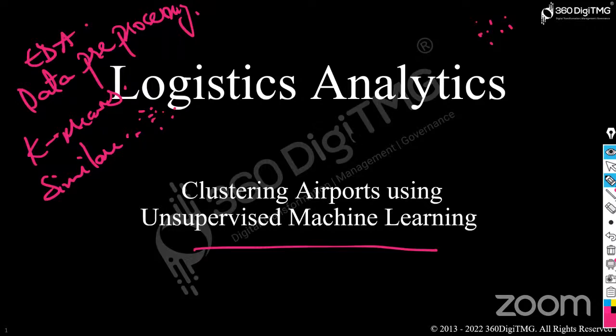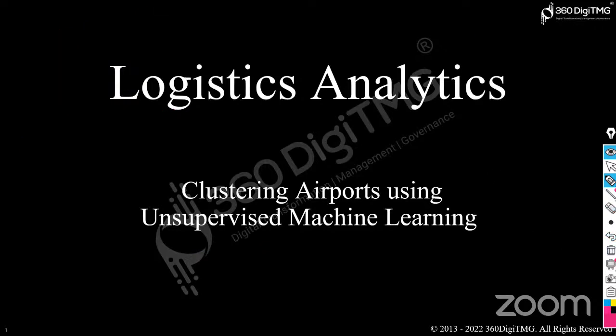What we do is we have these data points, and then you find the centroids. And in K-means, the value of K is predetermined.